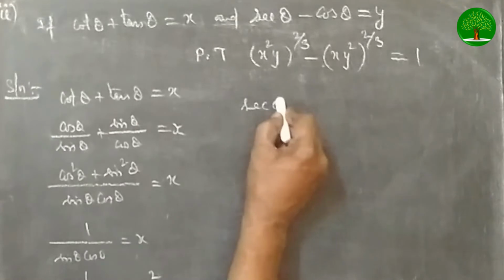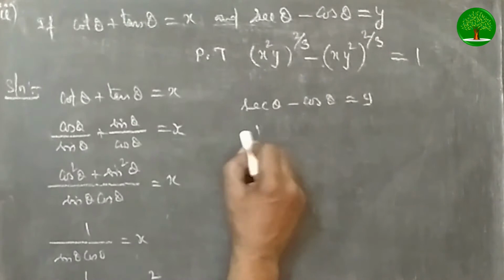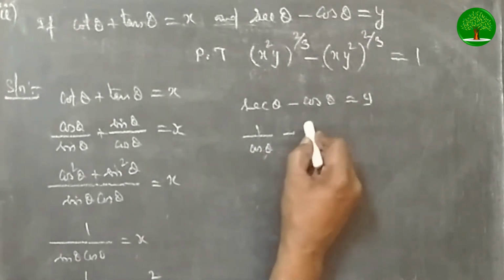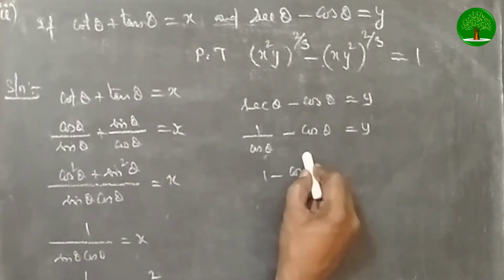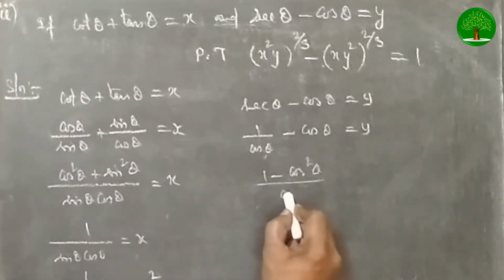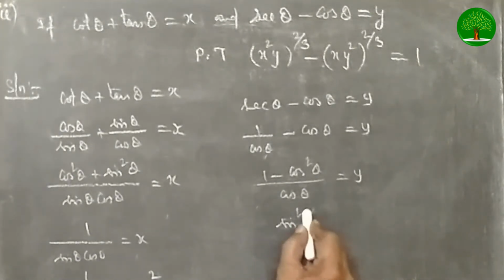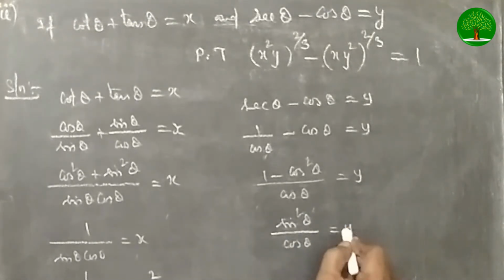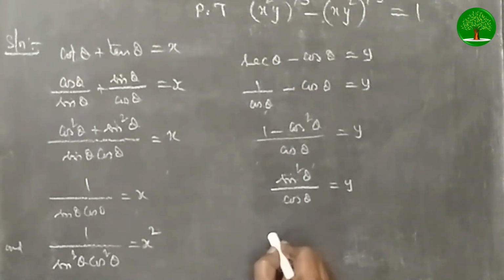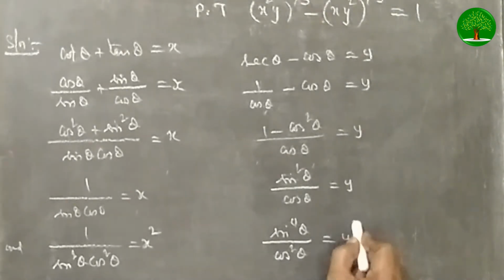Now secant theta minus cos theta is equal to y, that is 1 by cos theta minus cos theta is equal to y, 1 minus cos square theta by cos theta is equal to y, that is sin square theta by cos theta is equal to y, and sin to the power of 4 theta by cos square theta is equal to y square.